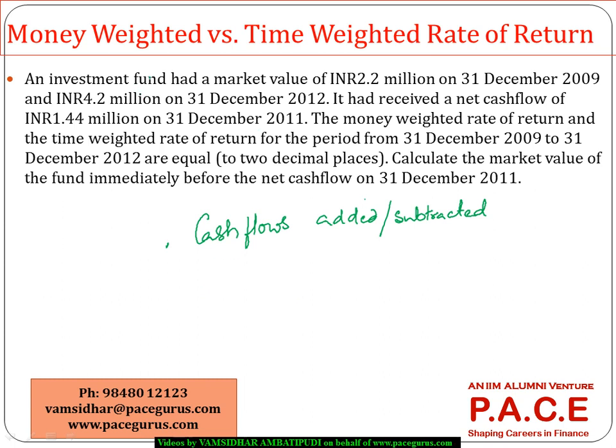So just look at this caselet that is provided, and based on that, let's see if there is some relationship specified between time weighted rate of return and the money weighted rate of return. How do I look at what should be the fund value associated?